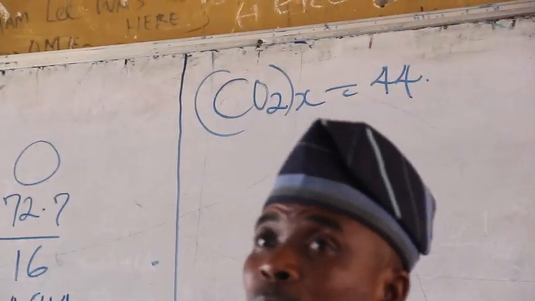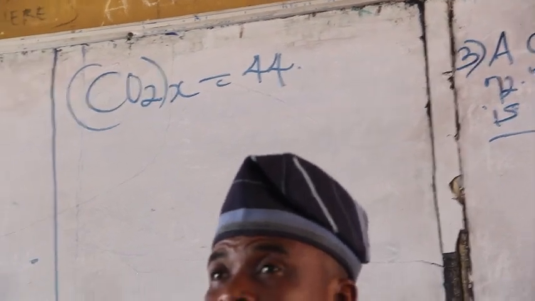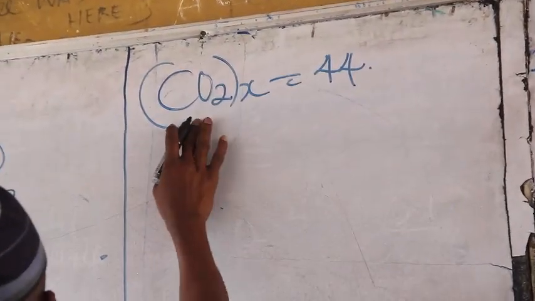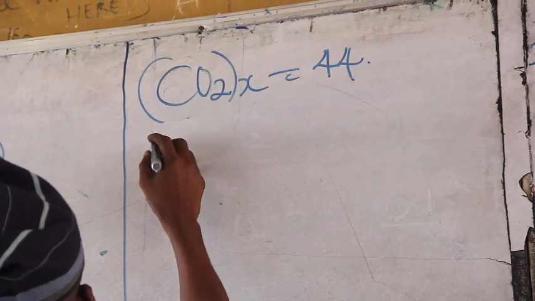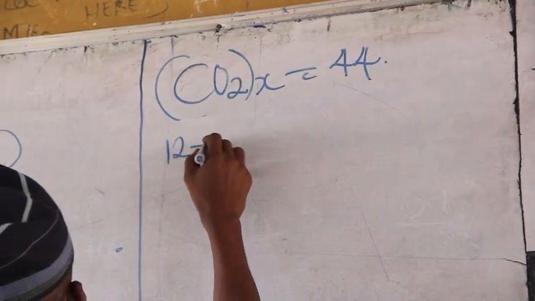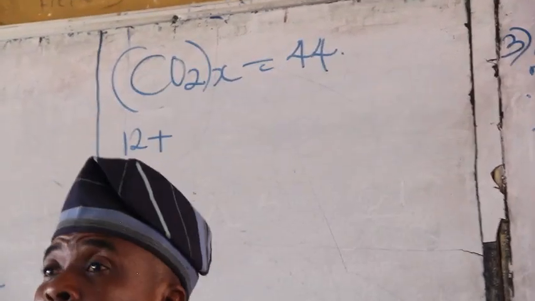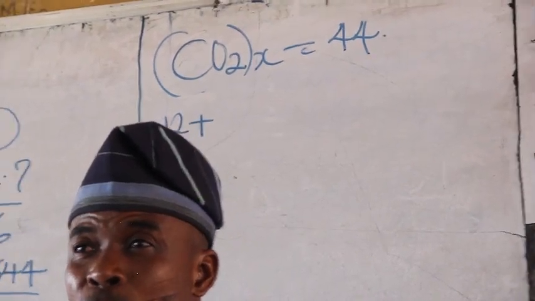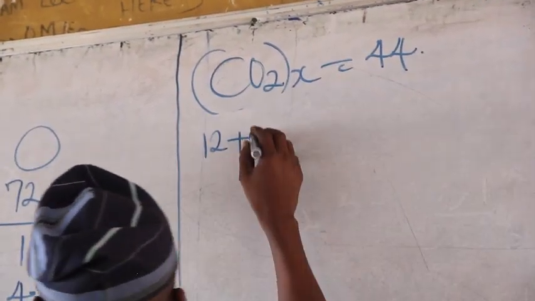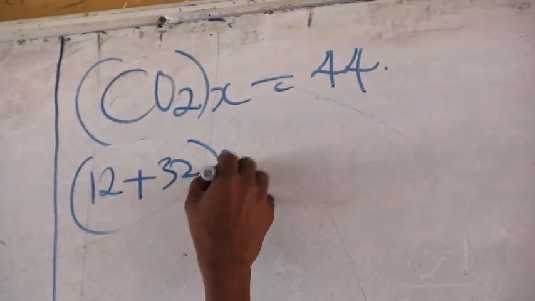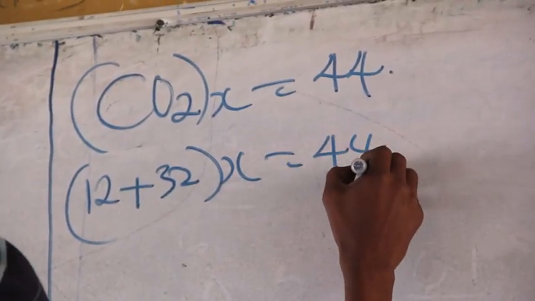The atomic mass of carbon is 12, plus what is the mass of 2 atoms of oxygen? 32. Everything times x will give us 44.